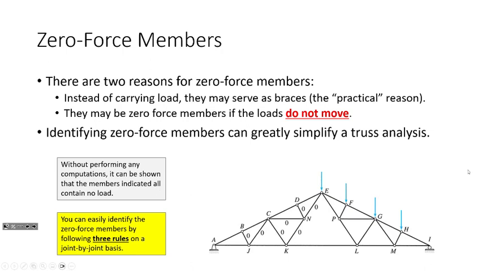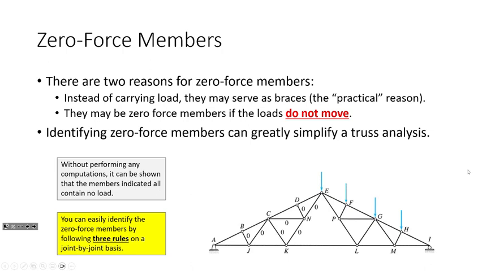Vehicles. And what type of structure? Bridges, right? So in bridges, what you might find for a truss is that a given member may not be carrying load if the load is here, but if the truck moves over here, then suddenly it carries forces. And so that's another way I want you to think about zero force members.